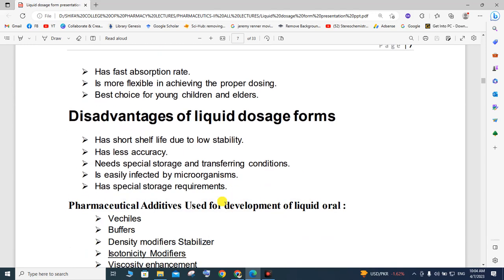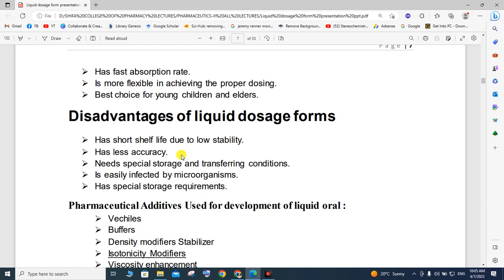Now, what are the different disadvantages of the liquid dosage form? The first drawback is a very short shelf life due to low stability. Most liquid dosage forms face some stability issues, and I think this is one of the big challenges, especially in emulsion because its shelf life is very short, its stability is low, and it has less accuracy.